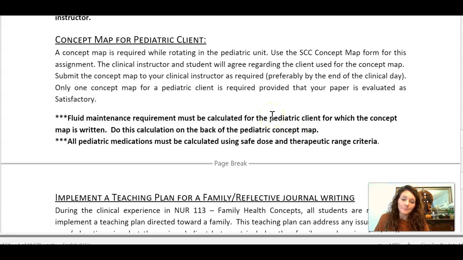The concept map for the pediatric client. You guys will not be going to the PEDS unit this semester because of COVID. I have several clinical sites where we're not able to get into the pediatric unit to be able to accomplish this.